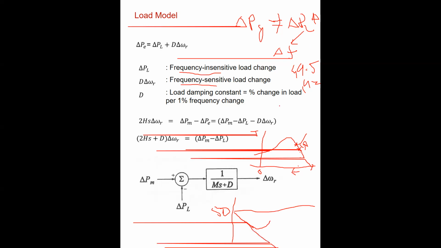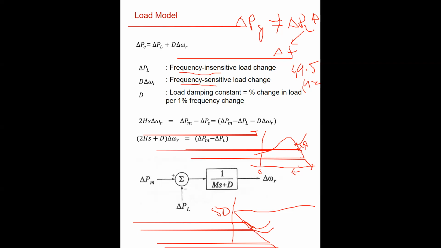But if you have a composite load, a combination of lighting and motor load, then for the same 50 megawatt change, the drop in the frequency could be less. This is what is affecting the system dynamic behavior.